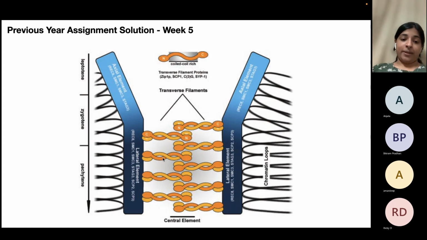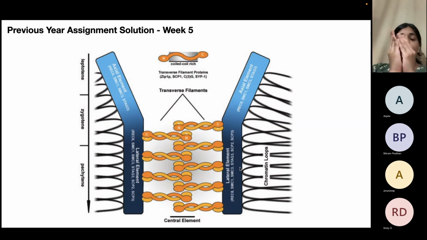Now, there are these lateral elements that are comprised of a large number of proteins, including REC-like proteins and SMC-like proteins, which we have seen previously to be a cohesin complex. So, a large amount of cohesin complex associates laterally along these chromosomes and forms the lateral elements.